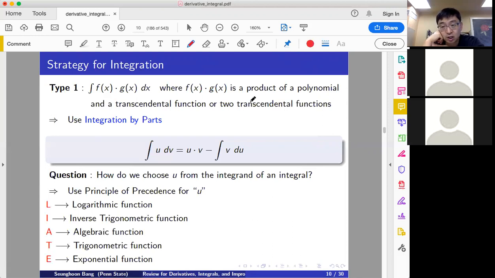L is logarithmic function, I is inverse trigonometric function, A is algebraic function, T is trigonometric function, E is exponential function. As a remark, we can interchange L and I and have the same answer; it doesn't matter in this case.